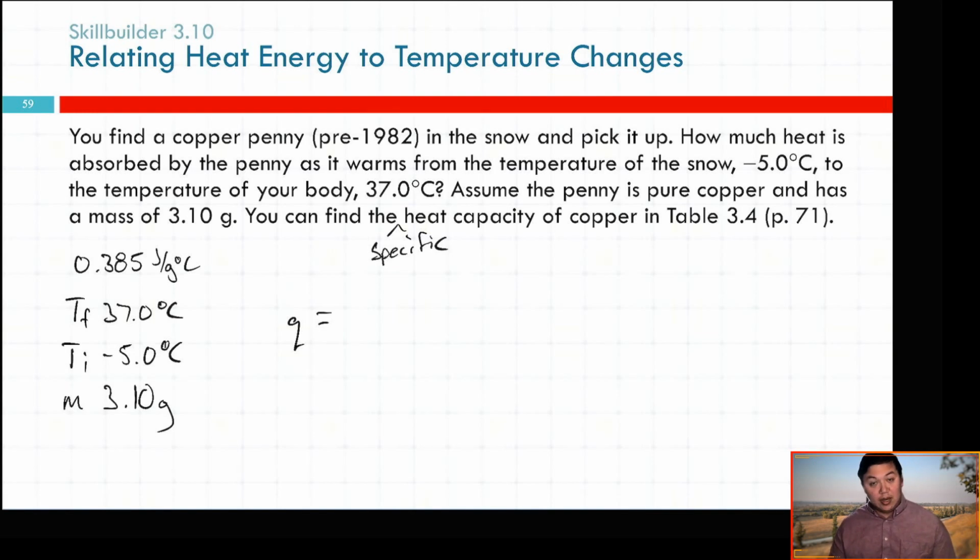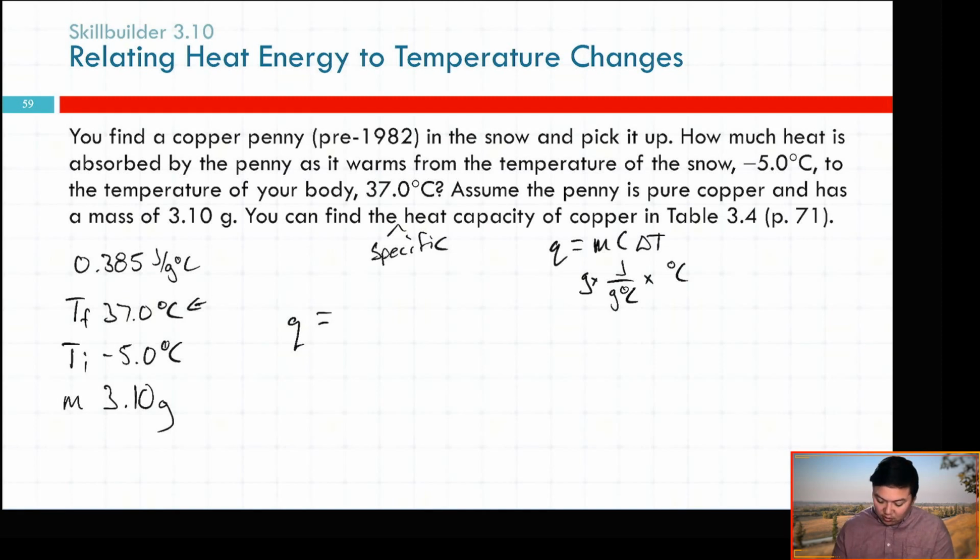And this is one of those things, again, dimensional analysis is key to all of this. Because if we look at our equation, Q equals MCΔT, it's actually a capital C. What are our units here? Well, our specific heat capacity is joules per gram degree C, and we're going to multiply that by ΔT, which is in units of degrees Celsius, and our mass, which is in units of grams.